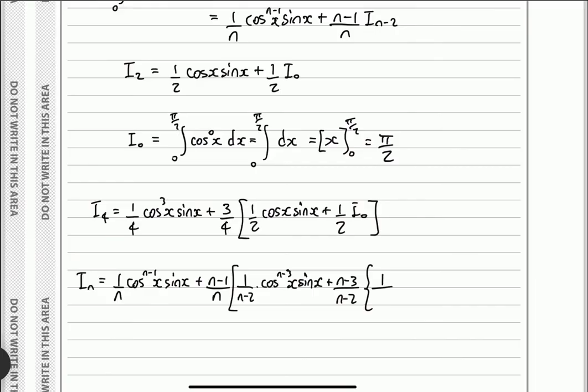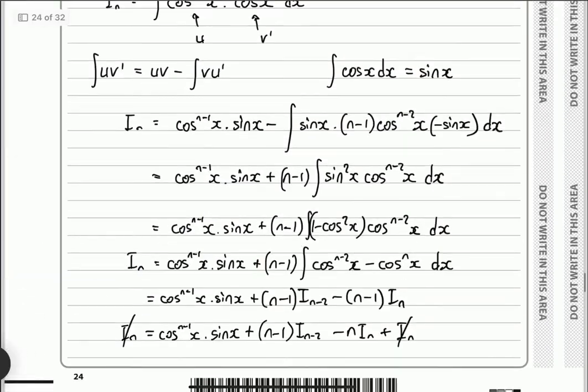So that's 1 over n minus 4 cosine n minus 5 x sine x plus n minus 5 over n minus 4, and then another bracket, dot dot dot.